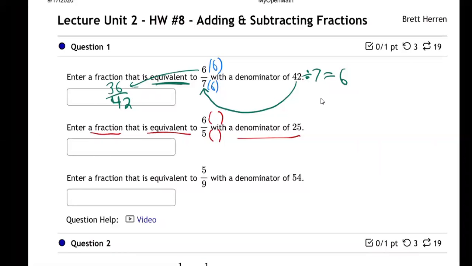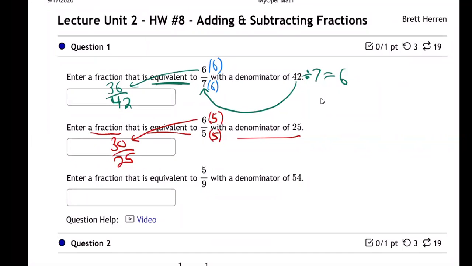Again, by 5. 5 it is. So that becomes 30 over 25. Right, so we always have to do the top and the bottom. That way we're not changing the value of the fraction. That's why we do top and bottom, because that way it's the same thing, isn't it?